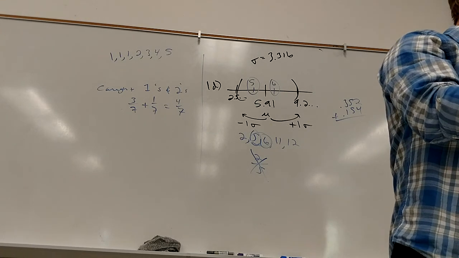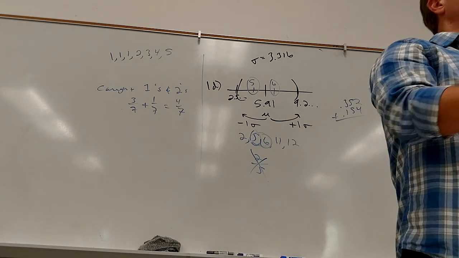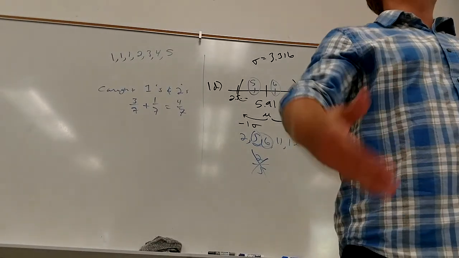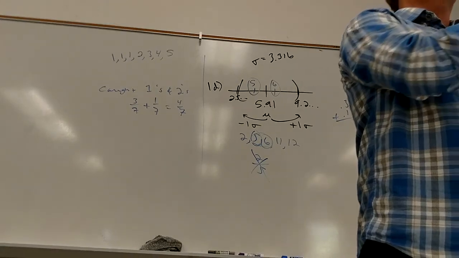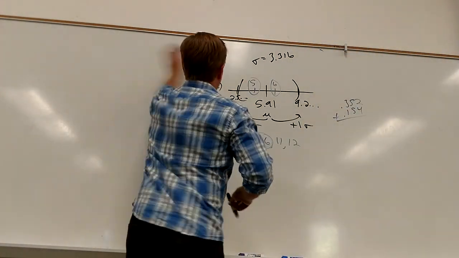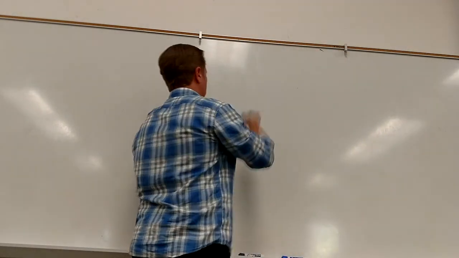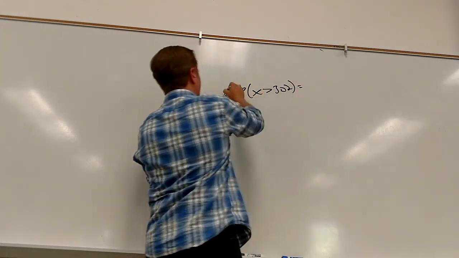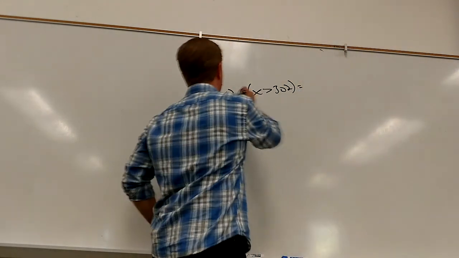Because the question on 4A, number 1, is the probability that X is greater than 302. Another way to interpret probability is the percentage of whatever is greater than 302. So for 4, the percentage of students who made more than a 302, for part A, that's what you calculate, A1.